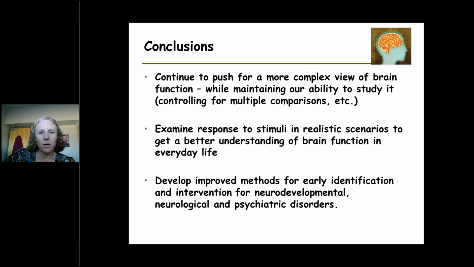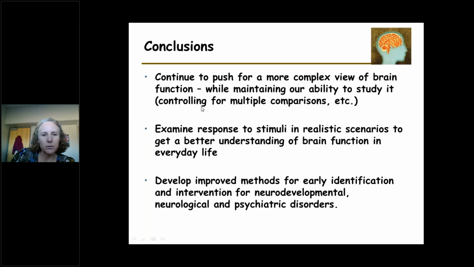So for the overall conclusions, I think it's important to continue to push for a more complex view of brain function in order to understand what is really going on. And I think that this information is important to feed back to clinical usefulness. So hopefully, if we can really understand what the differences are, then maybe we can use neuroimaging to identify biomarkers for different neurodevelopmental disorders.